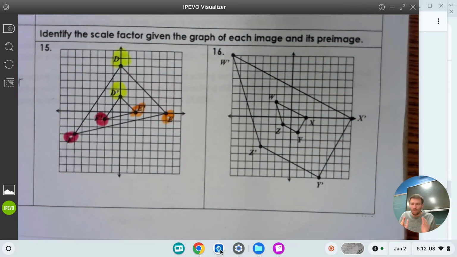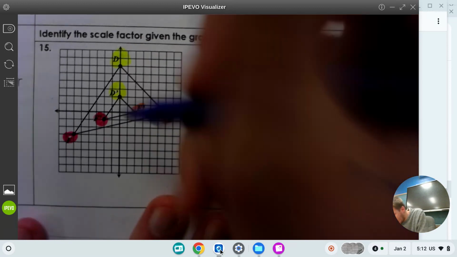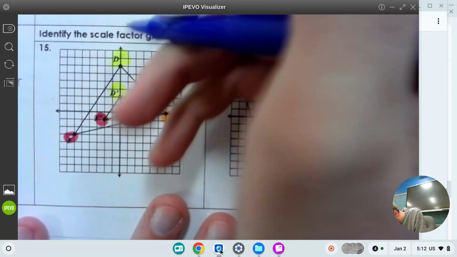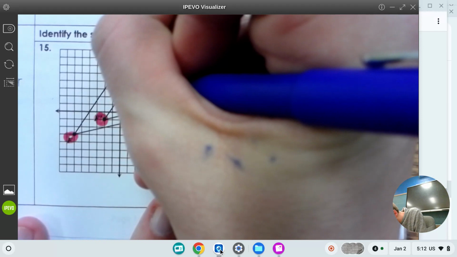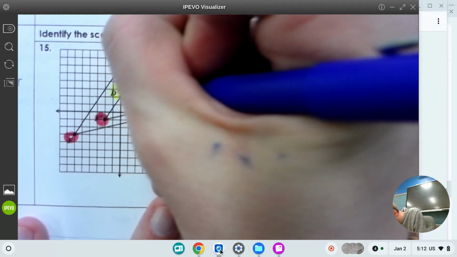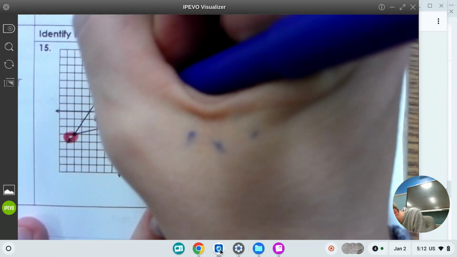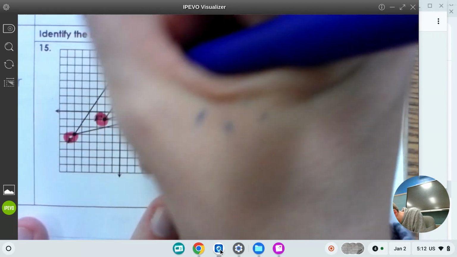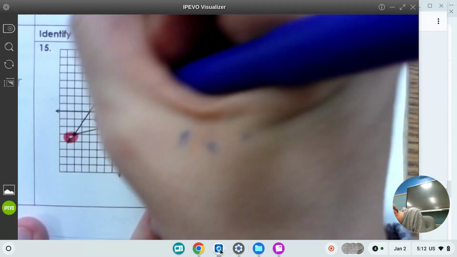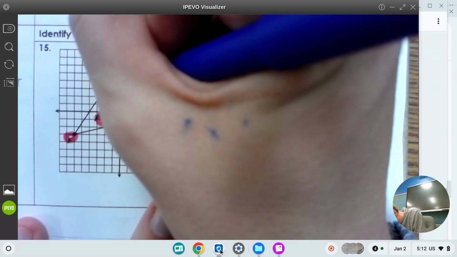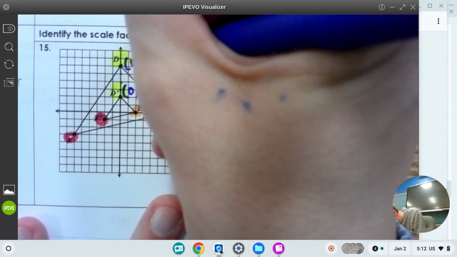So just pick one of them. I'll go ahead and pick D, and I can see that this D is at 0, comma 2, and this one here is at 0, comma 1, 2, 3, 4, 5, 6.